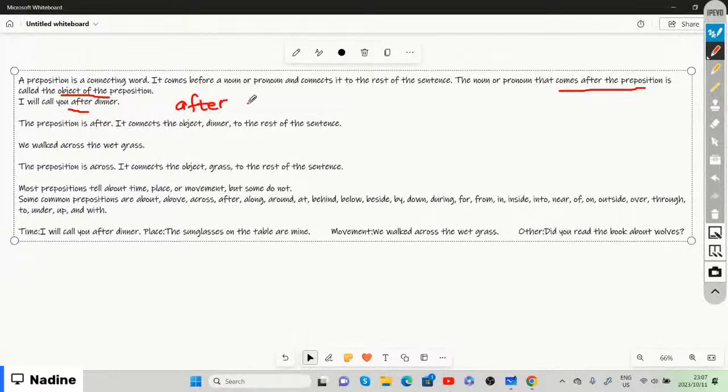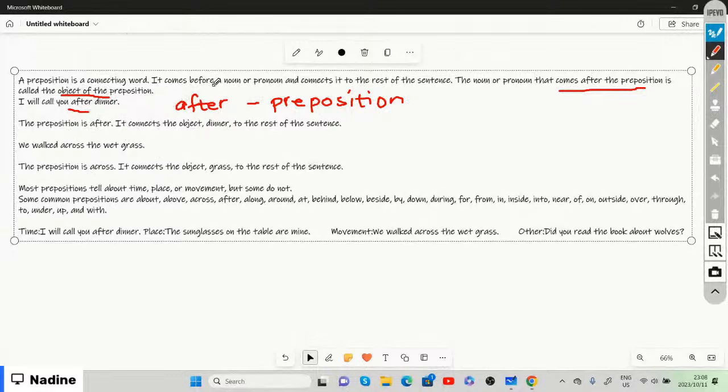So after is a preposition, right? And it basically connects the object, which is dinner, to the rest of the sentence.